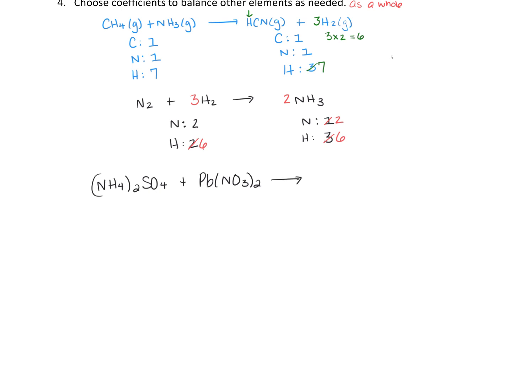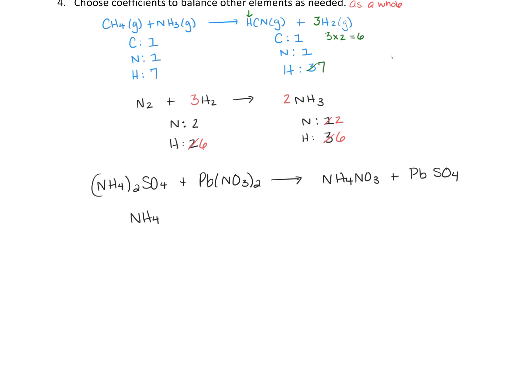So we've got ammonia sulfate plus lead nitrate is going to ammonia nitrate and lead sulfate. Now, when I look at this, I've got NH4 here, that's an ammonia polyatomic ion. I have NH4 here, that's an ammonia polyatomic ion. It doesn't change, it's NH4 in both places.